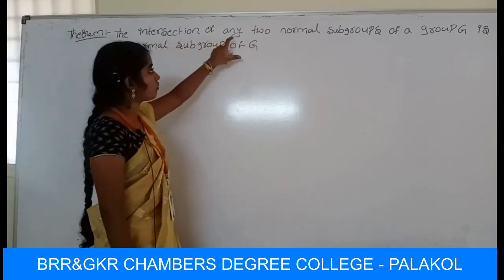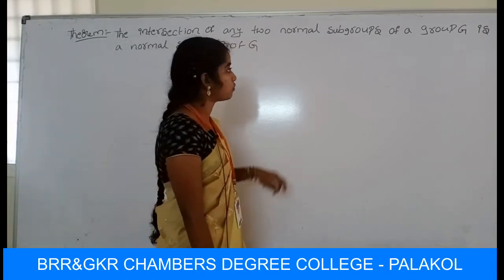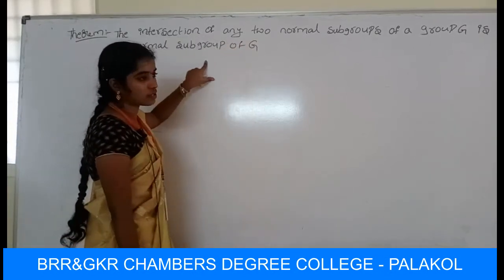The intersection of any two normal subgroups of a group Z is a normal subgroup of Z.